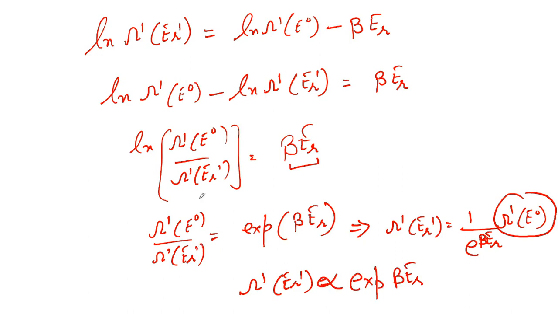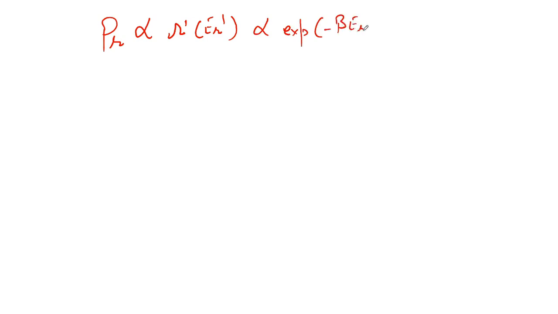So this omega dash is dependent upon the probability density function. So PR is directly proportional to omega dash ER dash, and this omega dash ER dash is the exponential of minus B into ER.